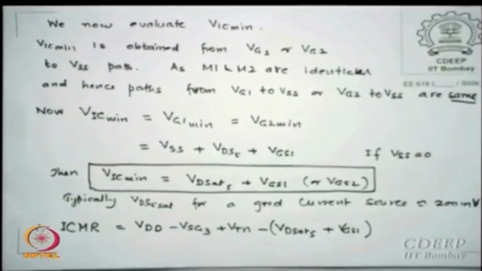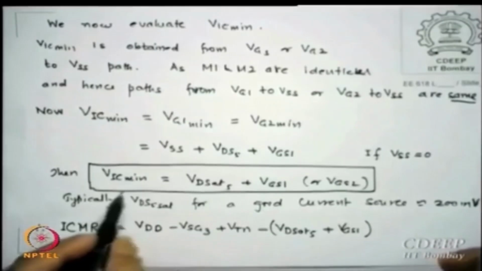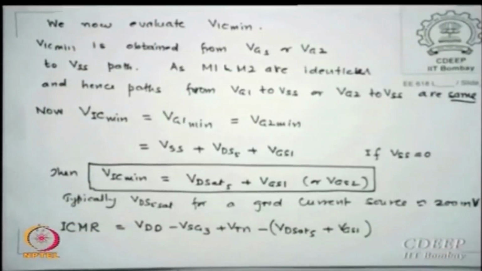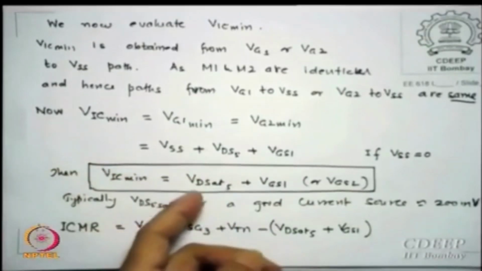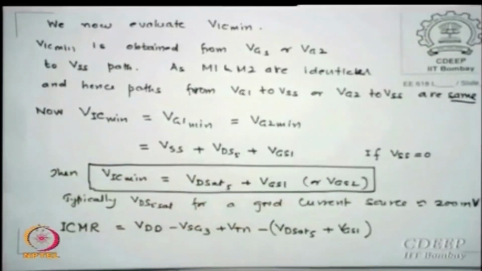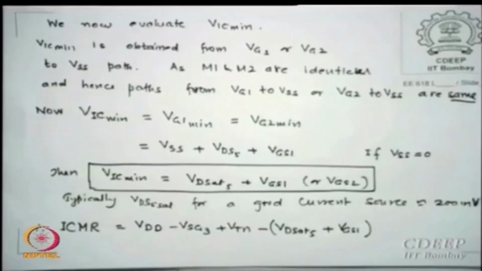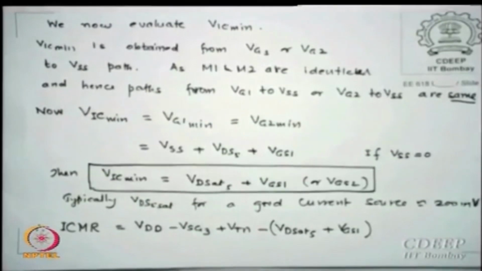The drop at the P point is 0. So I get this value, which is VD sat 5 plus, if VSS is taken as 0, then VD sat 5 plus VGS1 or VGS2, whichever way. Typically VD sat, please take it, VGS minus VT, for the data given to you is typically around 200 millivolts at the edge.